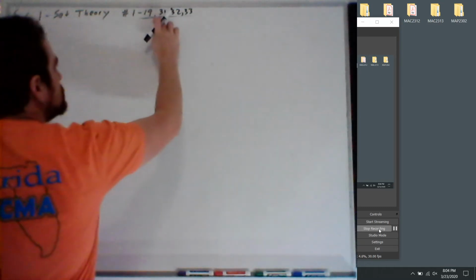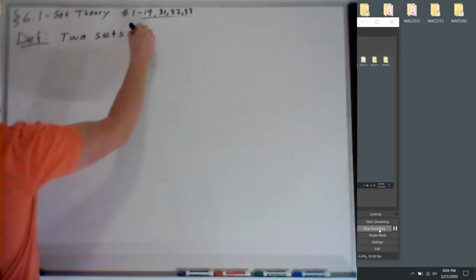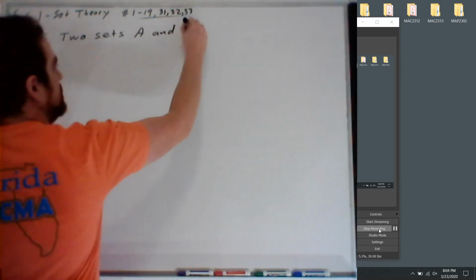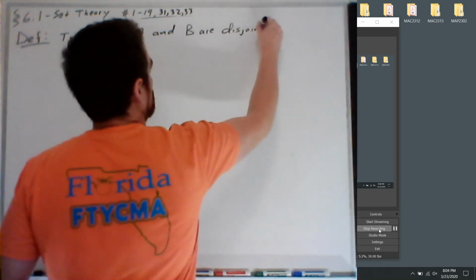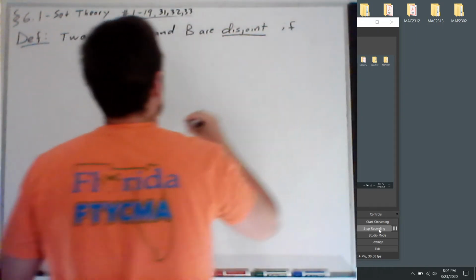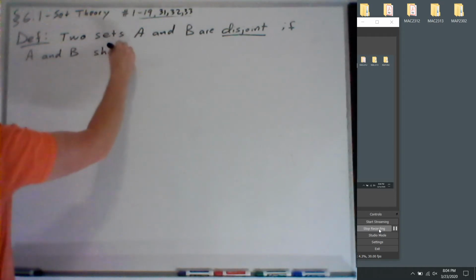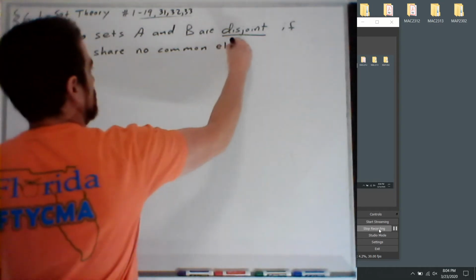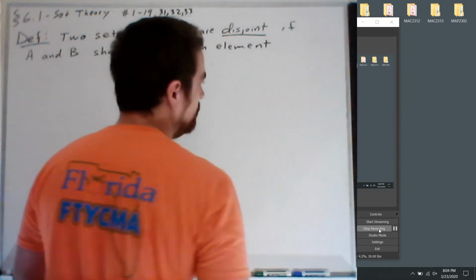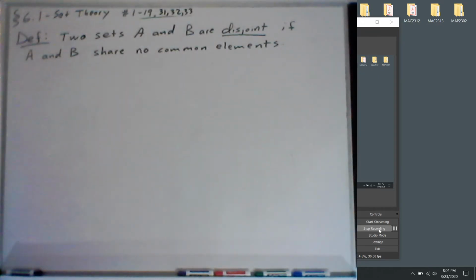We want to say that two sets, A and B, are disjoint if A and B share no common element. Or I guess you could say elements. Right, but really they don't have anything in common.